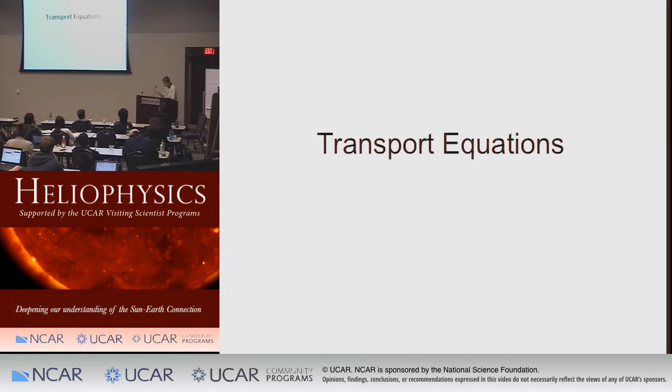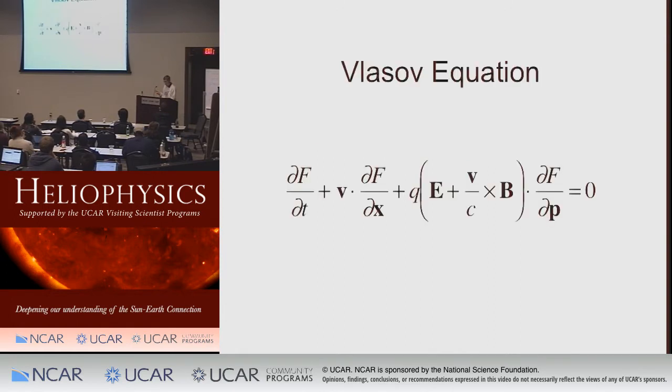And the question now is, how do you construct transport equations to treat these kinds of processes rigorously? Now, this is the mathematical part. Of course, the starting point, it almost essentially has to be your starting point, is the Vlasov equation.